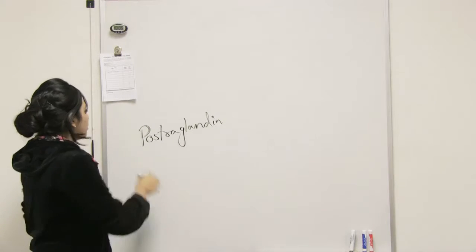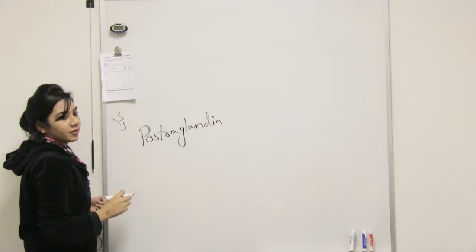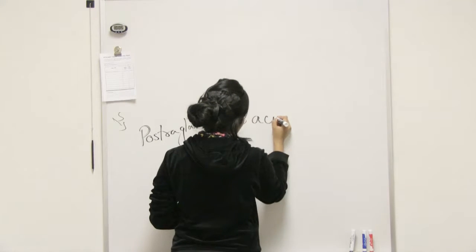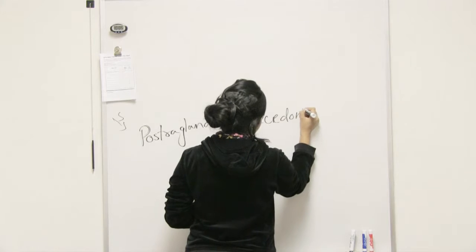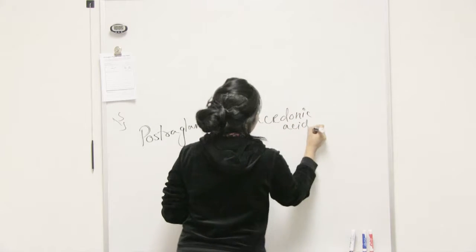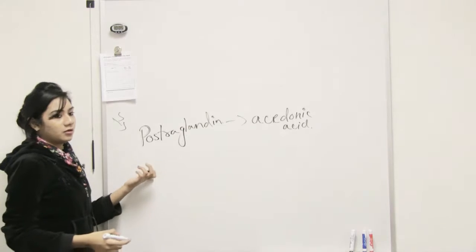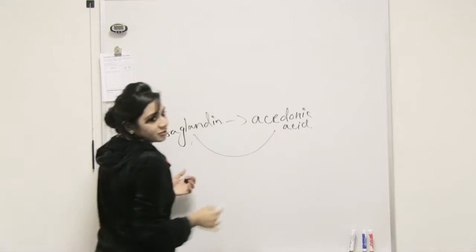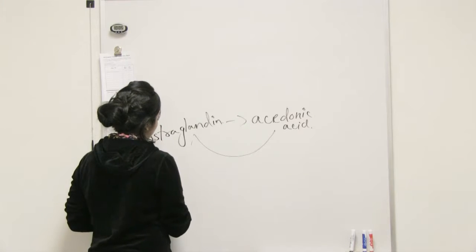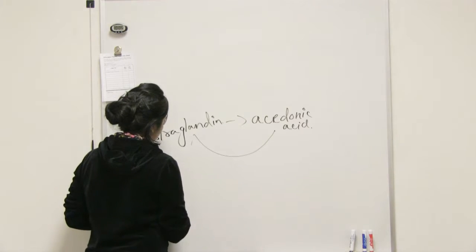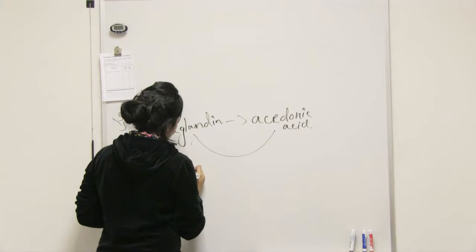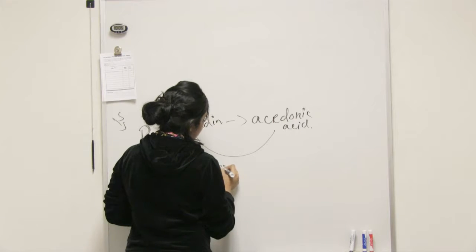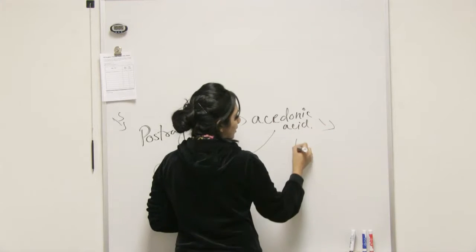So what is happening? They got the stimulus, right? They turn prostaglandin into arachidonic acid. This is what is happening, right? Okay. So this turns into this, and then with the process of cyclooxygenase, because here phospholipase A is produced.